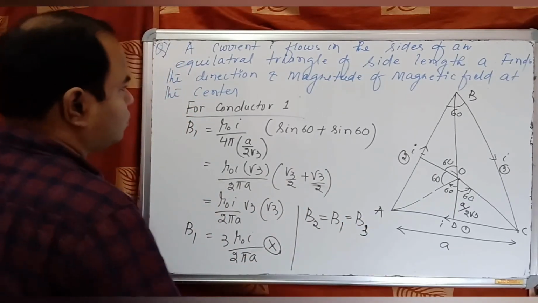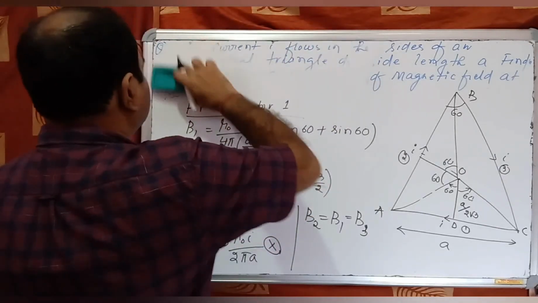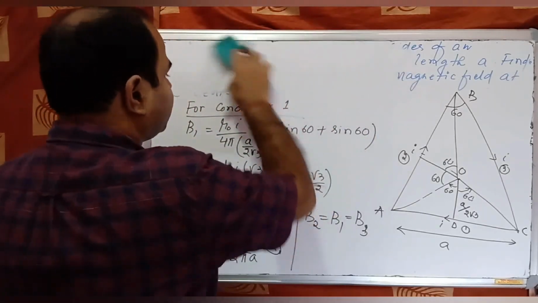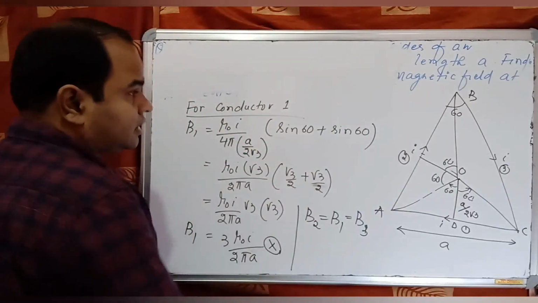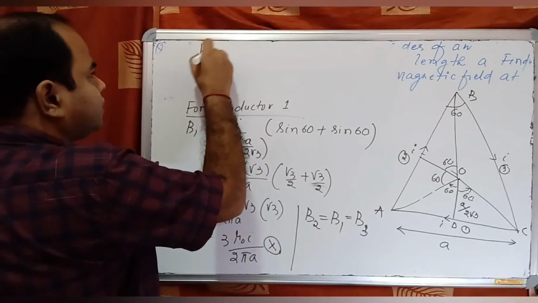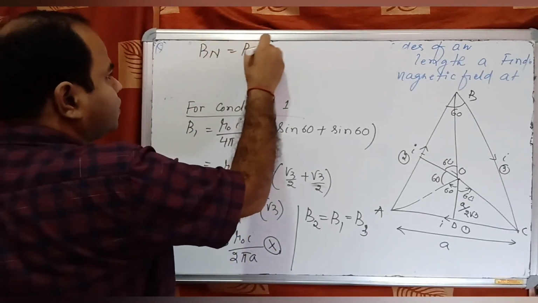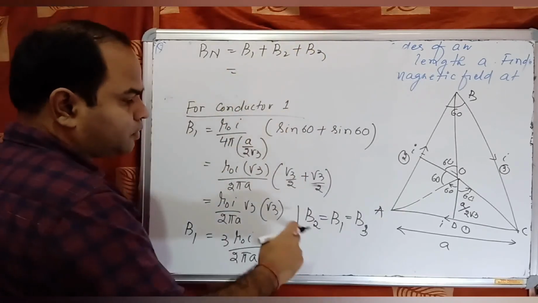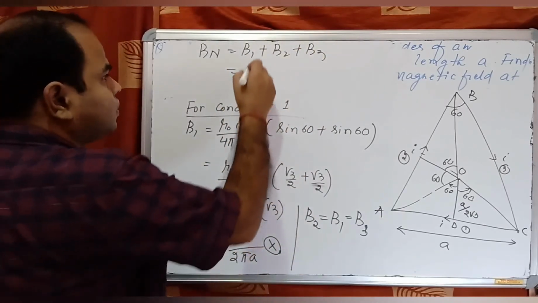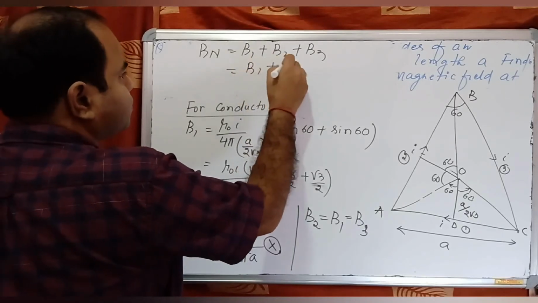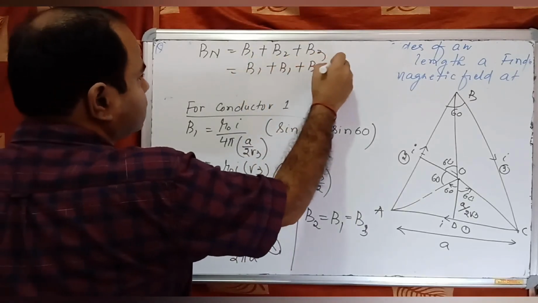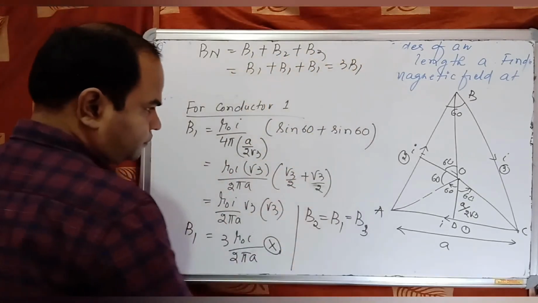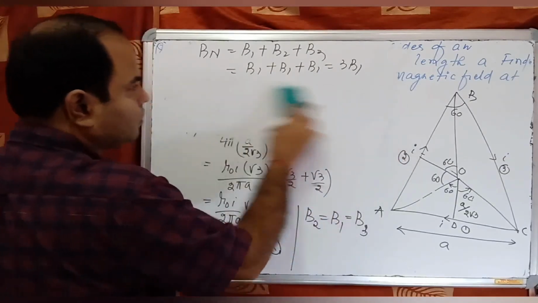So what will the net magnetic field be? The net magnetic field at the center will be B net equals B1 plus B2 plus B3. Since B1 equals B2 equals B3, this is B1 plus B1 plus B1, that is 3B1.